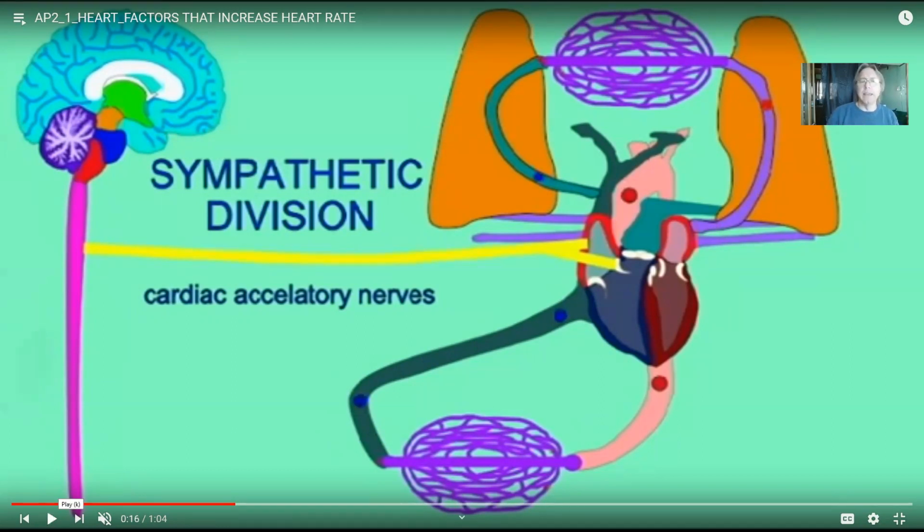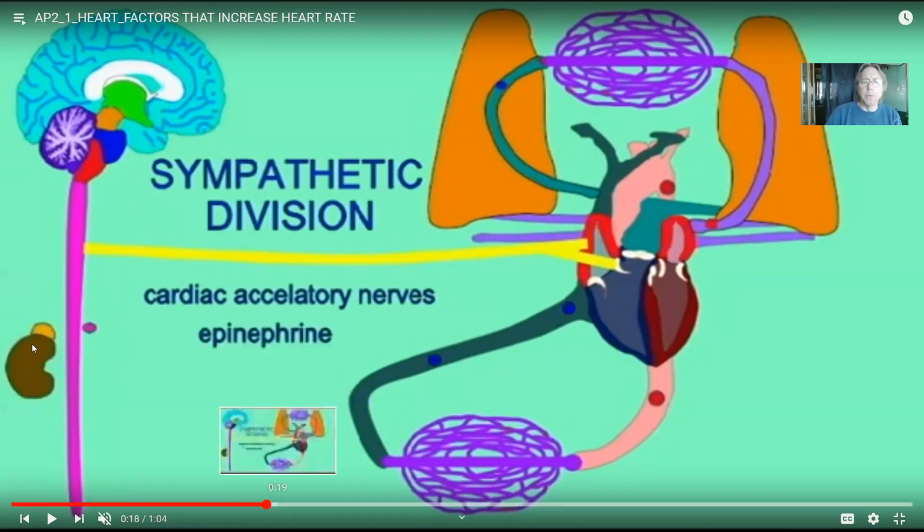Nevertheless, the nervous system can encourage the SA node to beat faster. All right, so while the SA node is establishing the heart's rhythm, the nervous system can influence the rate at which the SA node does that. And so there are cardiac acceleratory nerves that can release epinephrine here, and thus this can speed up heart rate.